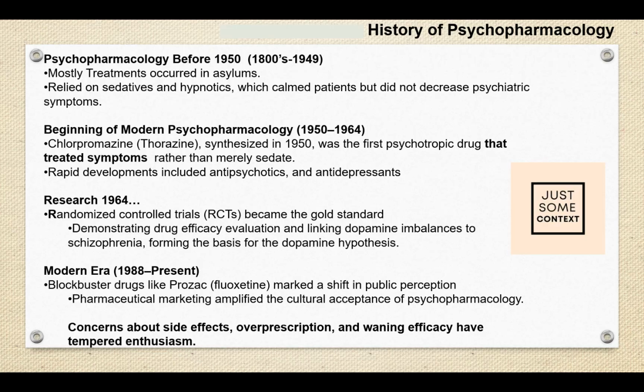And this marked rapid developments in psychopharmacology that included antipsychotics and antidepressants. In 1964, randomized controlled trials, RCTs, became the gold standard, and this demonstrated both the drug's efficacy but also linked symptoms to dopamine imbalances. And this formed the dopamine hypothesis for schizophrenia, which we will get into later in the course. The modern era of psychopharmacology was marked with the advent of Prozac.